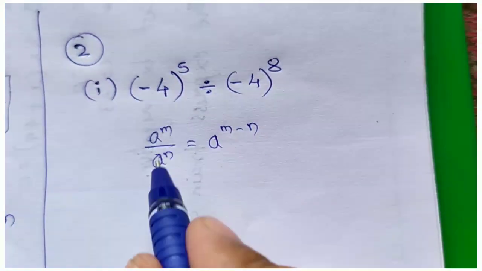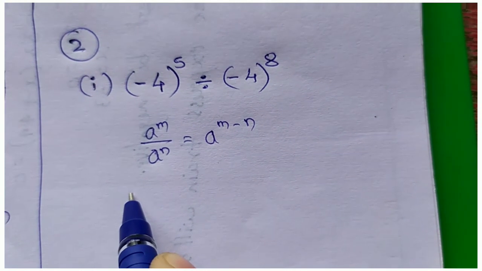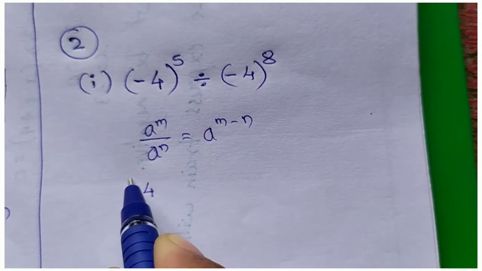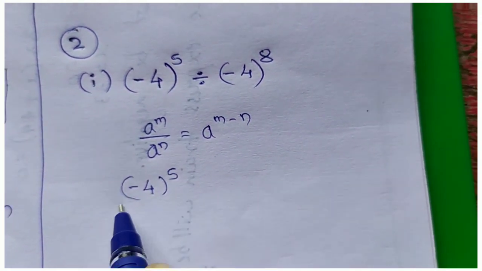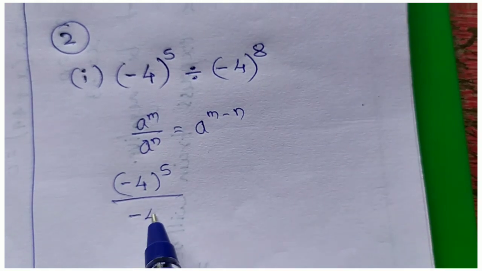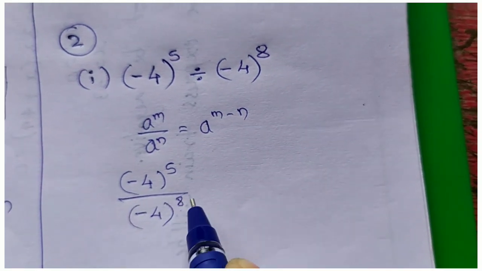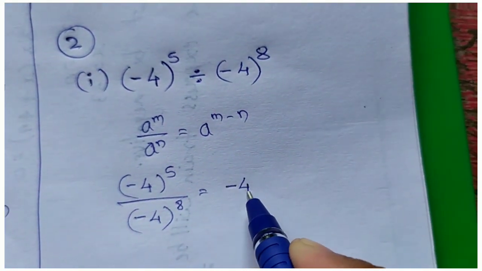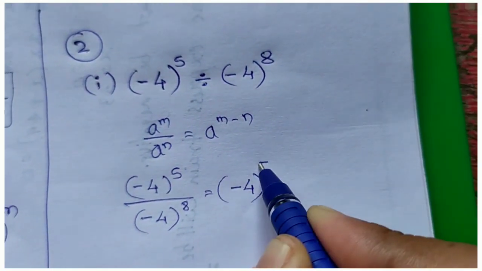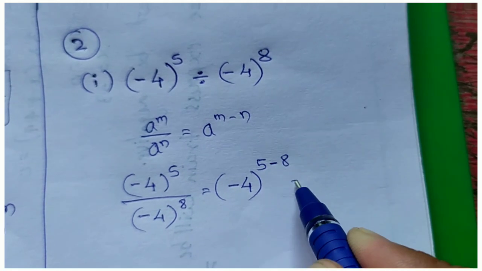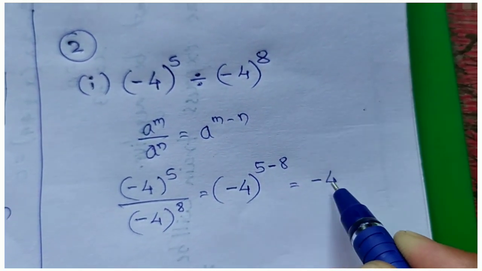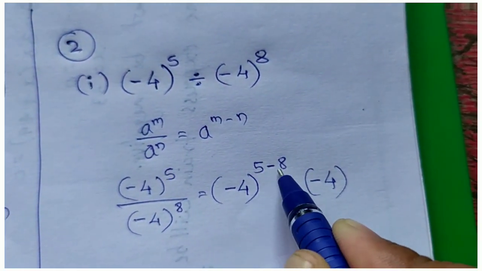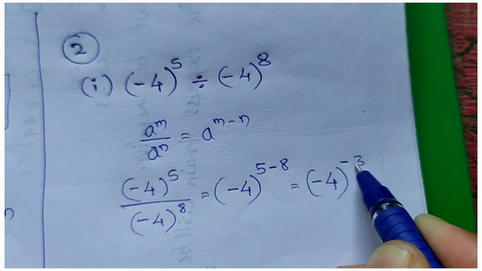Okay, so I will rewrite the given problem like this: minus 4 power 5 divided by minus 4 power 8. Okay, using this law of exponent we will get here minus 4 power 5 minus 8. So that is minus 4 power 5 minus 8, we will get here minus 3.